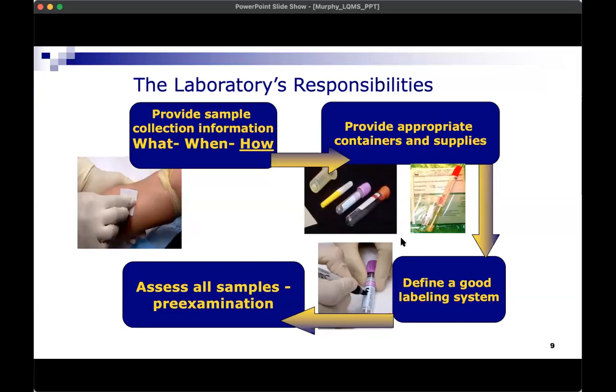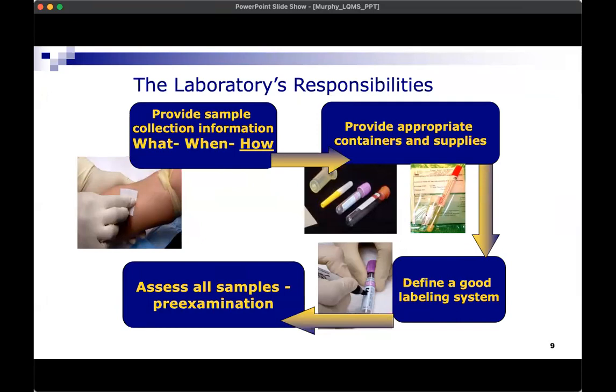And then providing appropriate containers and supplies. That's a really important one, and it's also important to look at things like expiration dates. Especially for containers that may not be used so often, it can be easy to forget about checking those expiration dates. For some things, it may not matter.